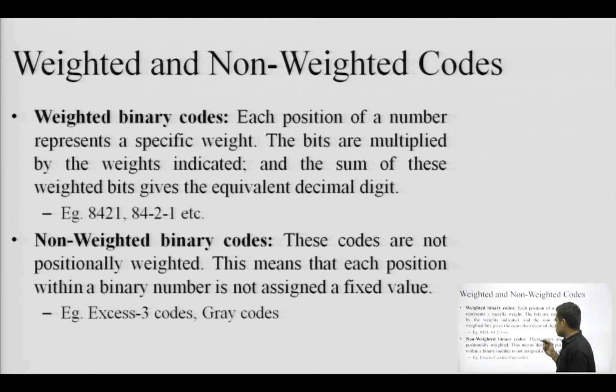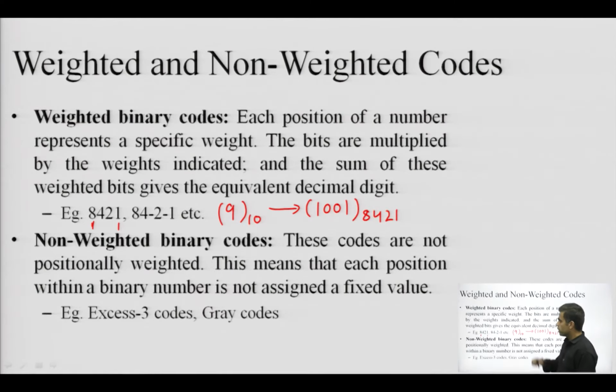For example, if you want to write 9, which is in decimal, in 8421 code, I can check that if I use 8 and 1, then 8 plus 1 becomes 9. So, I will not be using 4 and 2. This 9 in 8421 code becomes 1001. This is my 8421 representation of 9.